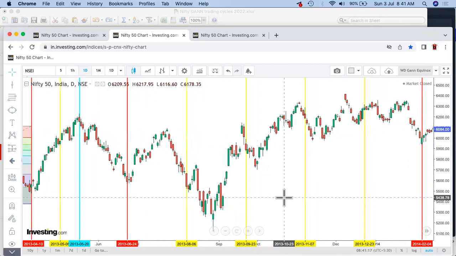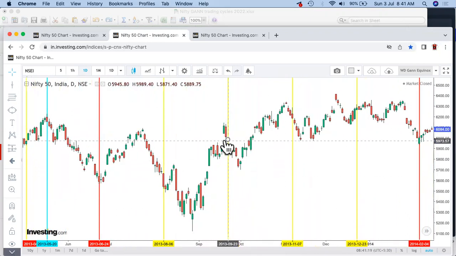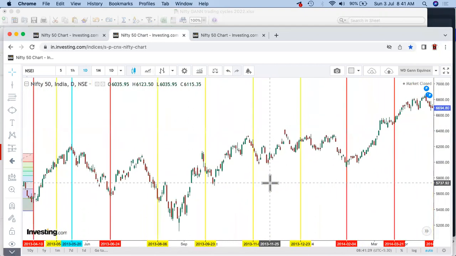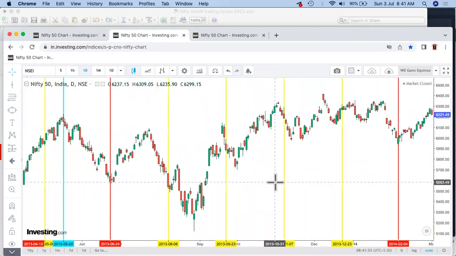So if you see, if I make an adjustment for maybe 2 days, it is a high. If I make an adjustment for 2 days, it is a high. Right? But because these are midway cycles, let's not give any kind of discretion advantage to any of the dates. Skip this date.